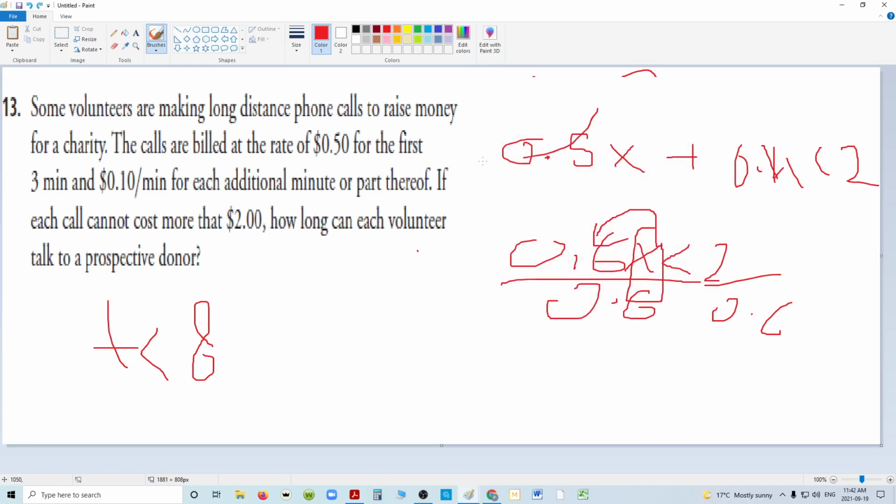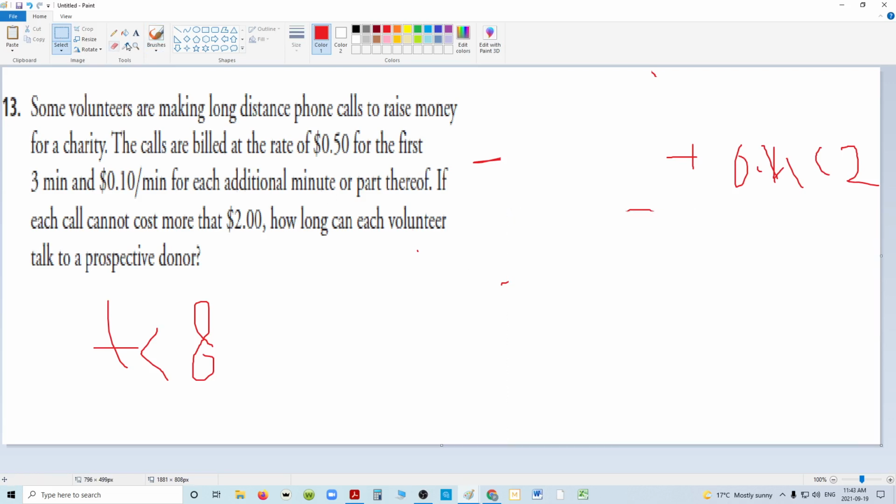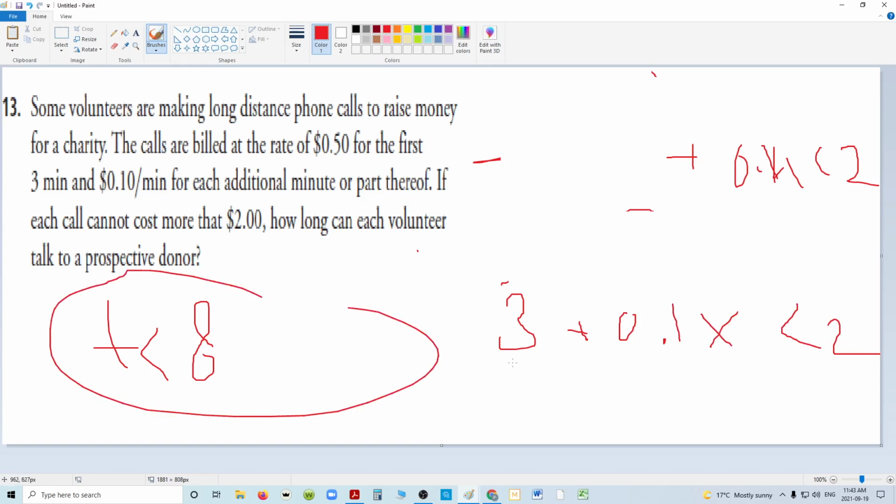So it's easier if you just say, okay, the first 3 minutes is $1.50, and you just tag on a 3 there. So that represents 3. So if you do it like that, and you say, okay, first 3 minutes are $1.50 plus 0.1x must be smaller than 2. Now it'll work out to 8.